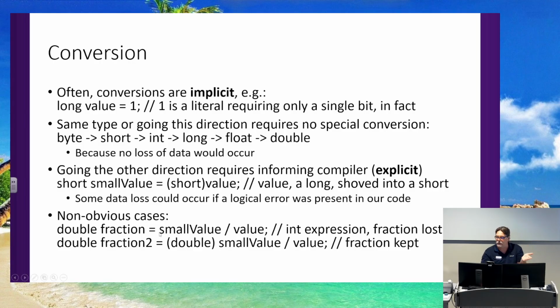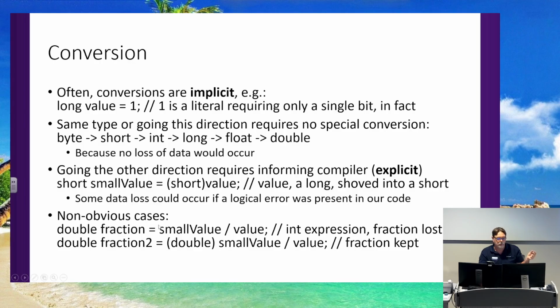Other compilers, they work left to right. So it might say small value is a 2-byte number and you're dividing by an 8-byte number, so the result is going to be a 2-byte value. And then obviously that is going to cause an issue, because if I'm dividing a 2-byte value by an 8-byte value, there could be some data loss, shoving the result of that back into a 2-byte value.